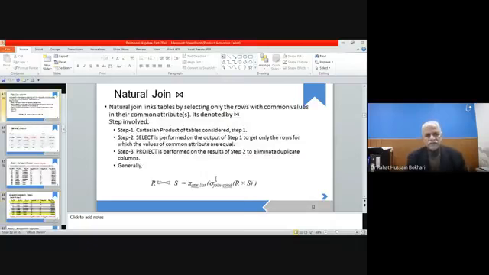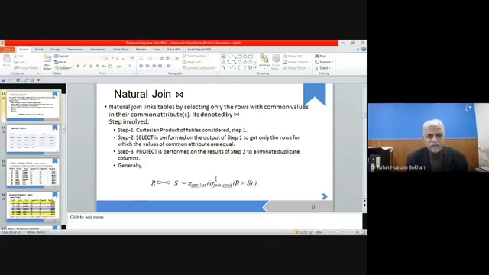So natural join combines tables by selecting only the rows with common values in their common attributes. The steps to carry out a natural join: first, carry out the Cartesian product of the tables considered for the join.